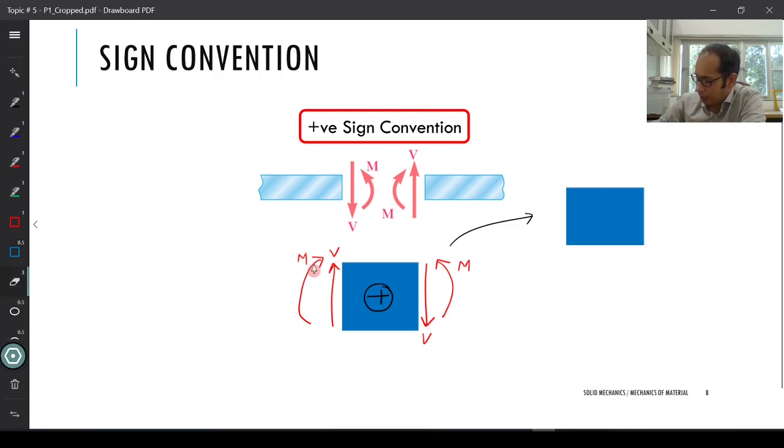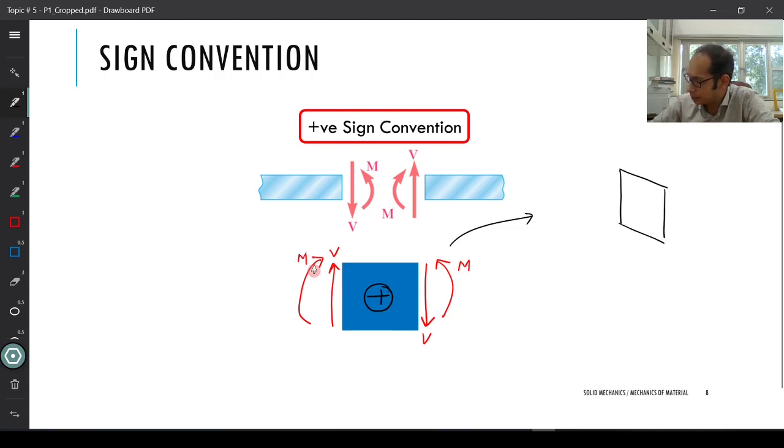So sorry, let me erase that. If I just have the shear, I can draw it simply using an element as well. So this V and this V over here will tend to make your element like this. So this is the positive shear. I am again applying the principle of superposition. That's all I'm doing.